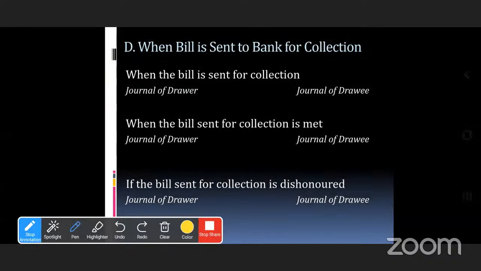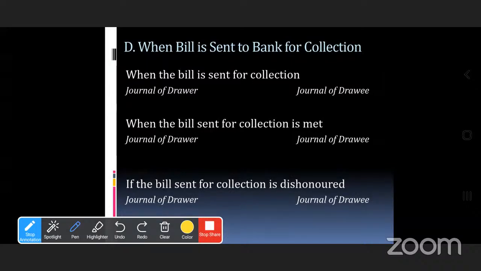Now let us see another option by the drawer. The last option is when a bill is sent to bank for collection. Sometimes a drawer has many bills receivable at a time. It becomes difficult for the drawer to keep the bills safely and to present them to their respective drawees. To overcome this difficulty, the drawer can send the bills to the bank for safety and collection purposes.